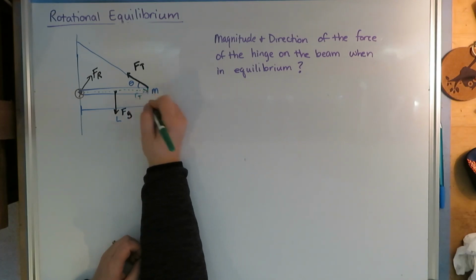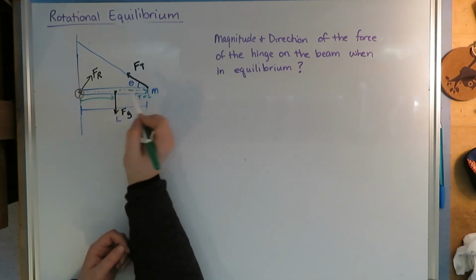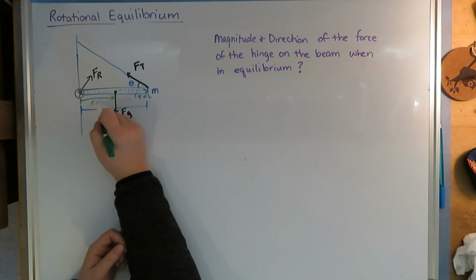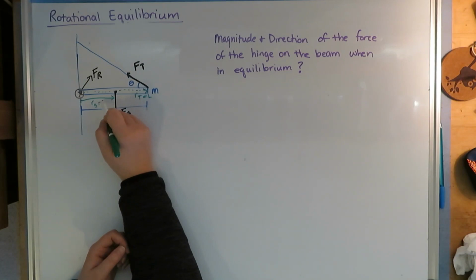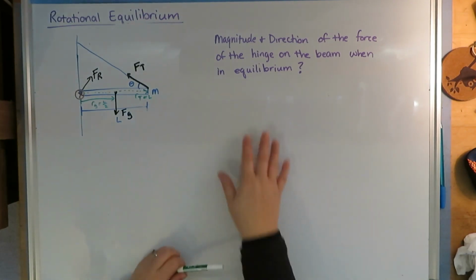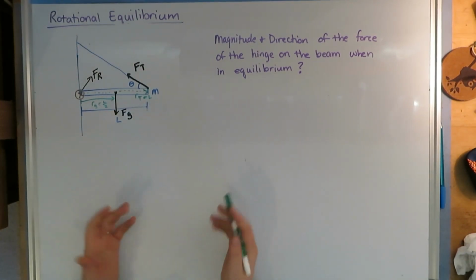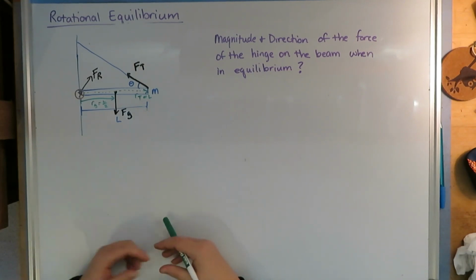So the R for tension is going to actually just be L. And the R for gravity is going to be L over 2 because it's acting at the center of mass, so it's half the length of the board. Now I could have chosen any axis of rotation, but because it doesn't tell me otherwise, I'm looking specifically about the hinge, where we know it's rotating about, so it makes sense.